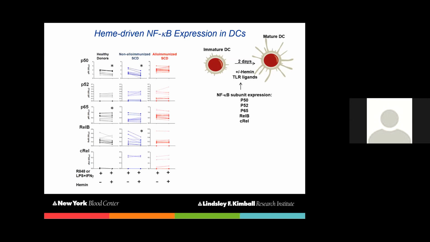There are 5 different subunits of NF-kappa B. Interestingly, for a couple of them, P50 and RelB, there were differences between alloimmunized and non-alloimmunized in response to heme. The non-alloimmunized down-regulate P50 and RelB in response to heme, whereas alloimmunized don't.